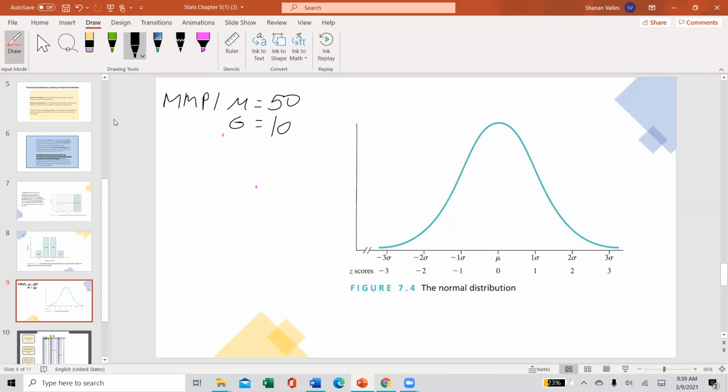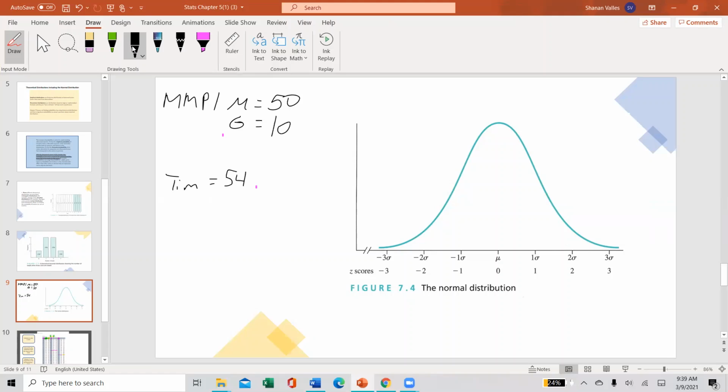So let's pick somebody. I was trying to come up with names of people that I wouldn't have in my class. Let's pick Tim, okay? And let's say Tim's score was a 54.